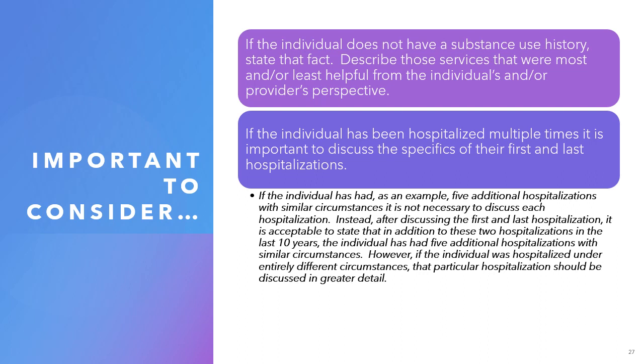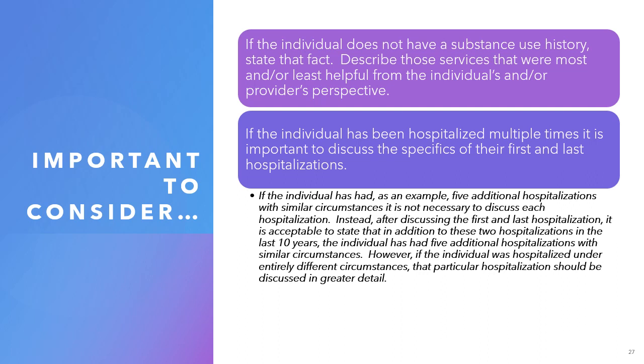If the individual has been hospitalized multiple times, it is important to discuss the specifics of their first and last hospitalizations. If the individual has had, as an example, 5 additional hospitalizations with similar circumstances, it is not necessary to discuss each hospitalization.